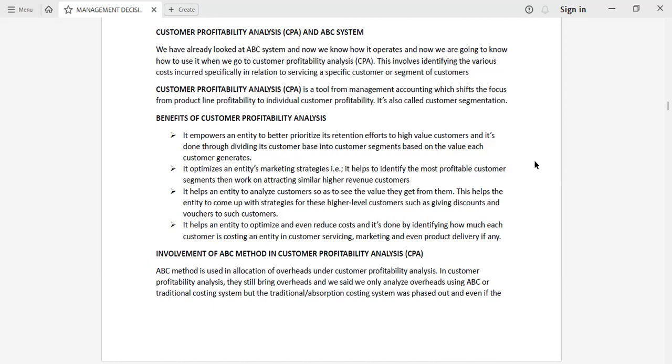But what you have to know is that if you cannot segment your customers, you cannot know the value you get from those customers. For example, we may look at a university or a tuition provider.